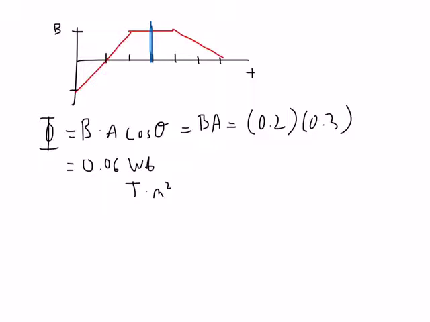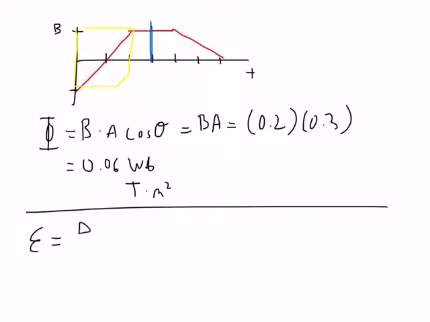Next, we have to calculate the magnitude of the EMF induced in the loop from 0 to 2 seconds. So that is this time range. So we have to remember what equation relates EMF and changing magnetic field. And it's not specifically just the changing magnetic field, it's the changing magnetic flux. That's Faraday's law.